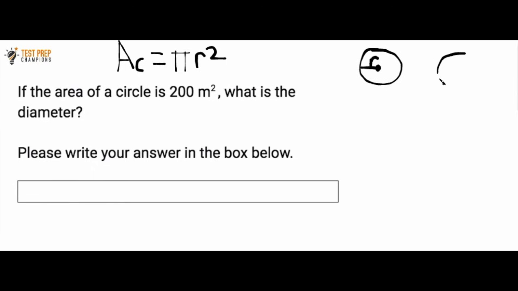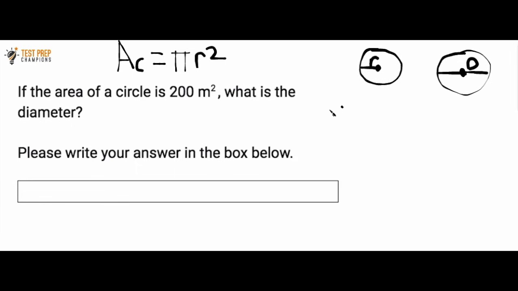And if I were to measure the entire circle, and this actually is an even worse circle, but just pretend this is a circle. You have to be really open-minded to watch my videos because some of my examples are just very out there. But imagine this was a circle. If I measured across the entire circle, that would be the diameter. So we can say that the radius is half of the diameter, and the diameter is double the radius.